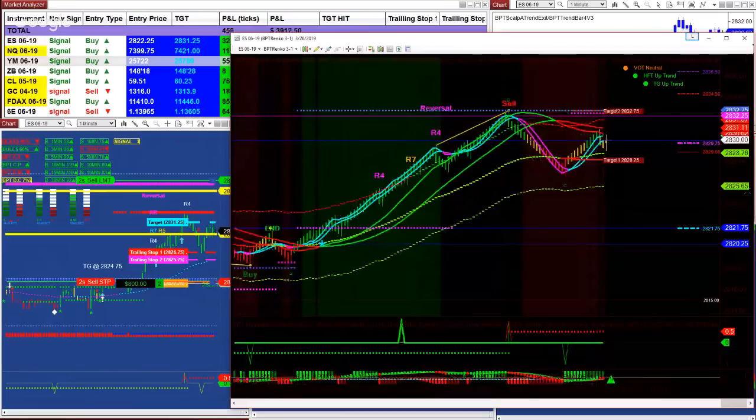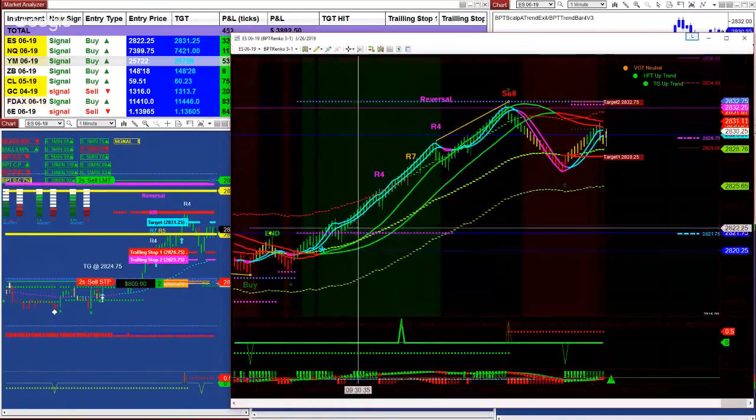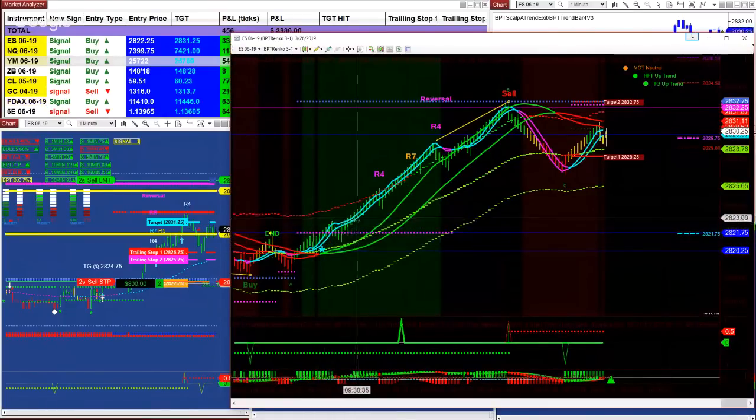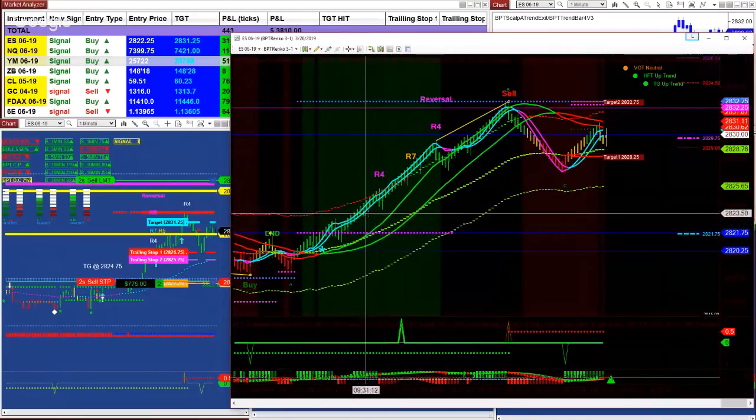One of the tricks you see when you are using a big trigger line and a smaller trigger line, as we see, the bars are extremely far from the band. The farther the bar is, the stronger the trend is.